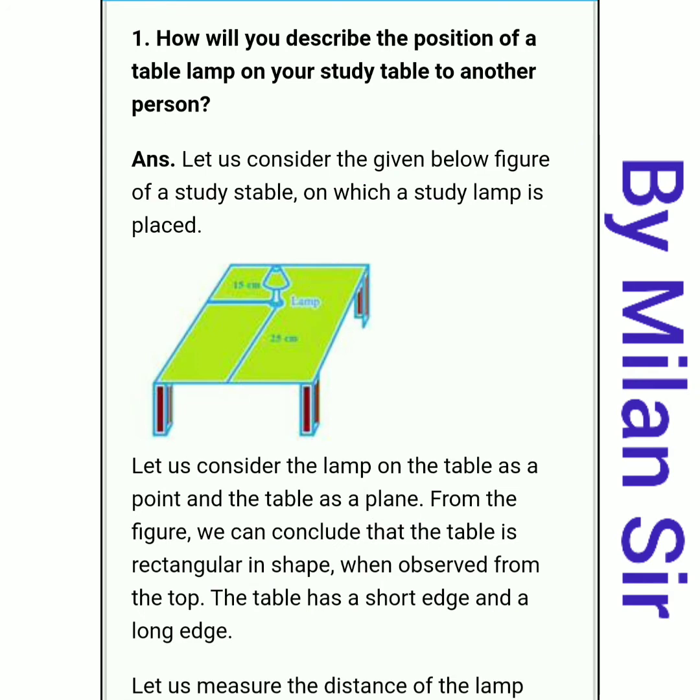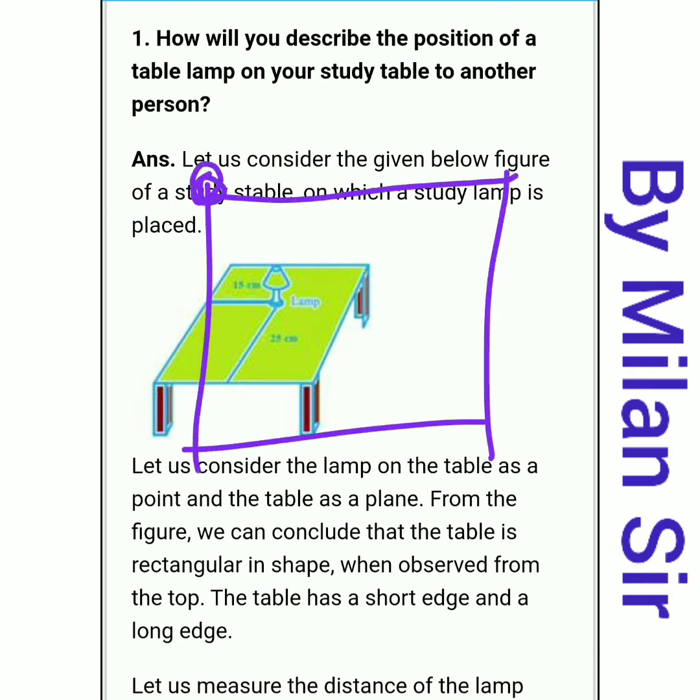There is another way also. If we take our origin here, and this is our x-axis and this is our y-axis, then the coordinate of the table lamp is changed. In place of 15, 25, it may be 25, 15.